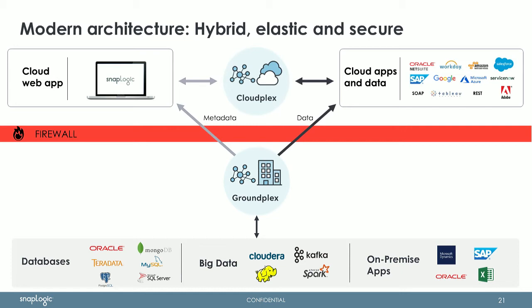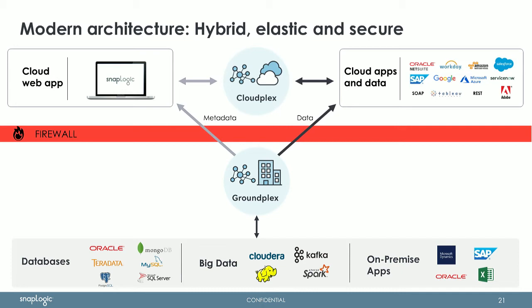And you can use those integration runtimes to connect to cloud apps and data, such as SAP Data Warehouse Cloud or other applications such as Salesforce, or your data and applications that reside in public clouds such as AWS and Azure.